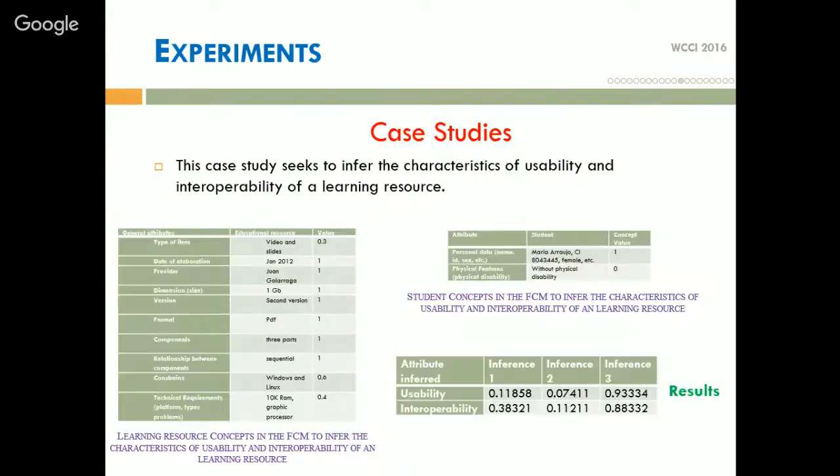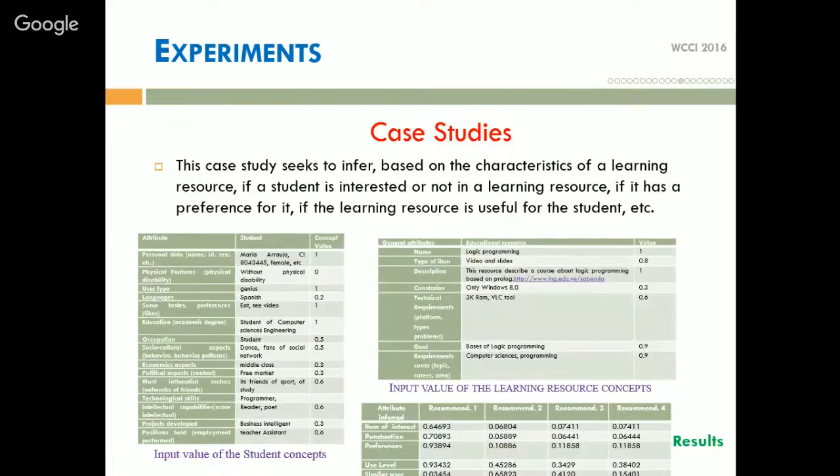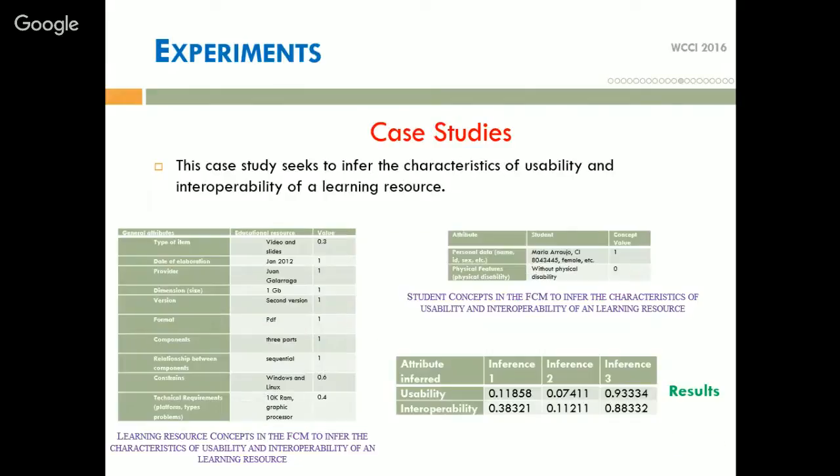In the other case, when we would like to study the characteristics of the learning resource, here we have information about the learning resource, that is the first table. About the student, we don't need many concepts. Here we have a lot of information about the learning resource and only some information about the student concepts, because we would like to study the learning resource.